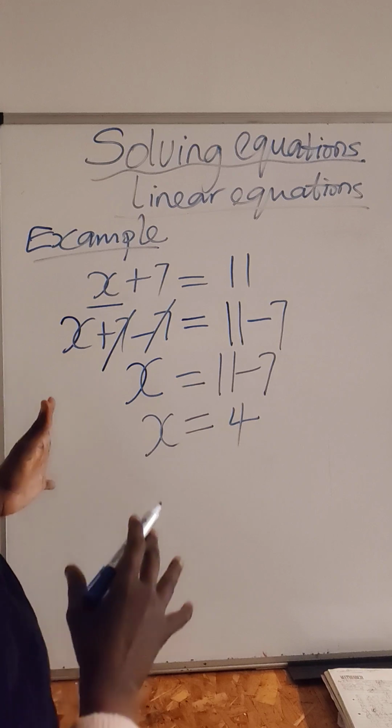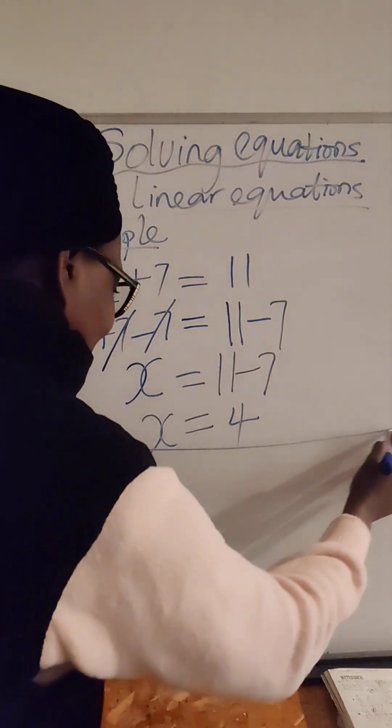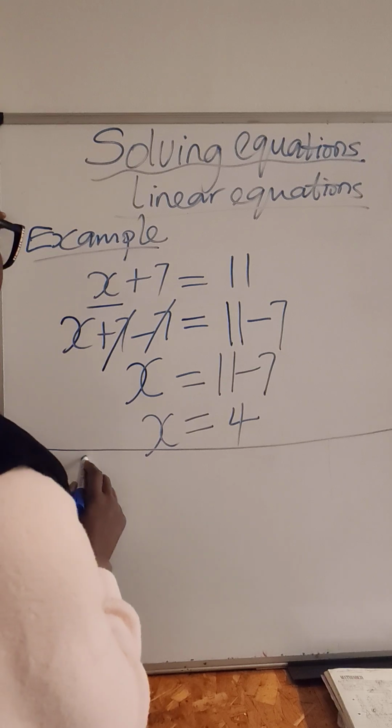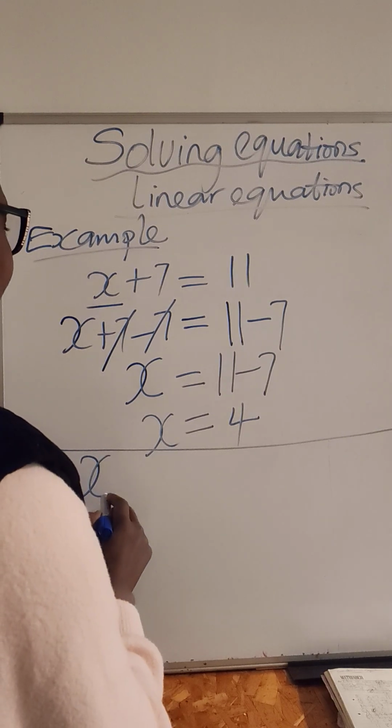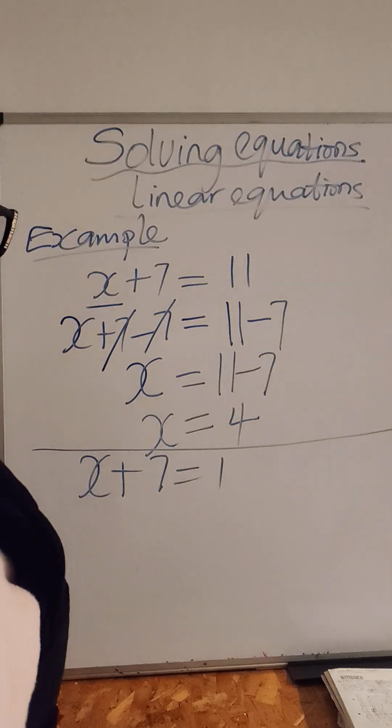That's one method. Another method of solving this linear equation: I want to recall the question again, x plus 7 is equal to 11.